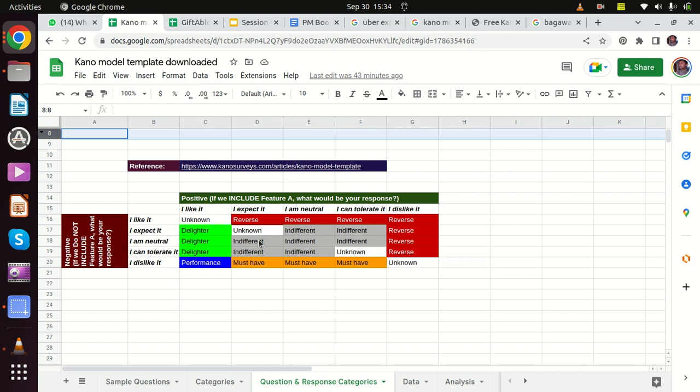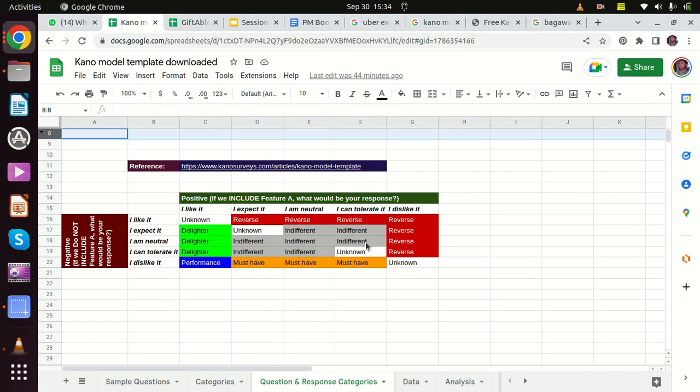In the next entry, they've said I'm neutral to non-inclusion, and for inclusion they say I'm neutral as well. Obviously, that's neutral, indifferent. And if they chose, I can tolerate the inclusion, and I'm neutral to the non-inclusion, again it's a sign of indifference. So you have three types of indifferent features or requirements here.